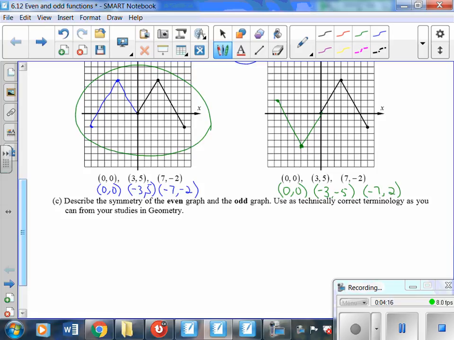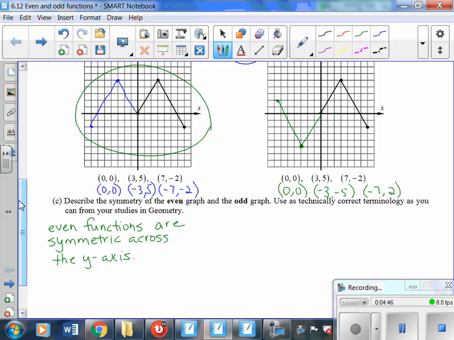Well, there are a couple of ways we can, keeping our vocabulary academic from geometry. We can say even functions are symmetric across the y-axis. Another word you could use here is reflection.